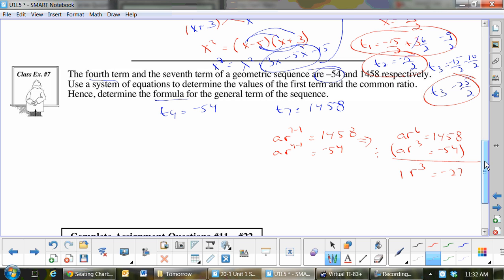Okay. How do I get R? Cube root. Can you please try and cube root both sides? So R should equal negative 3.